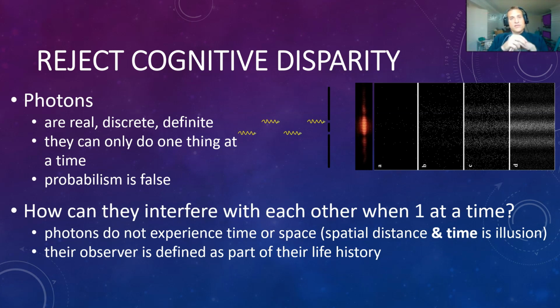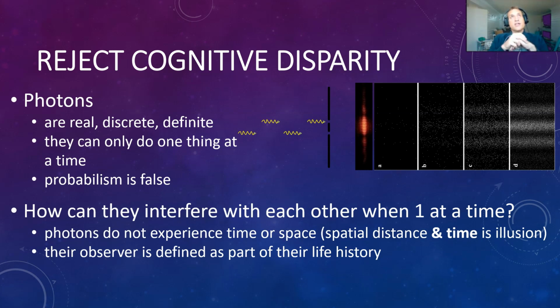Your eyes, your detection apparatus, is what they traveled at the speed of light relative to for 1,000 years. Because for them, that happened instantaneously. When that photon left that star 1,000 light years away, in the reference frame of that photon, there's no space and no time. So it knew, quote unquote, that you were going to be the observer of that photon 1,000 years ago.